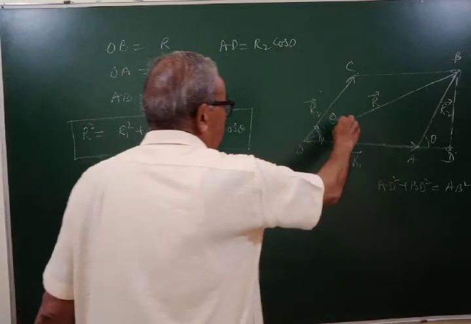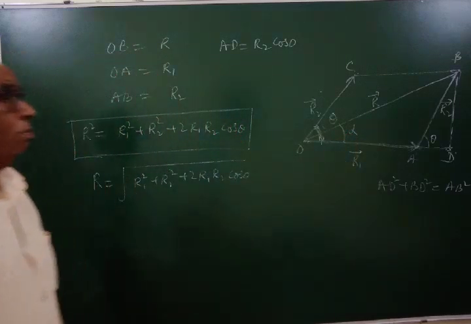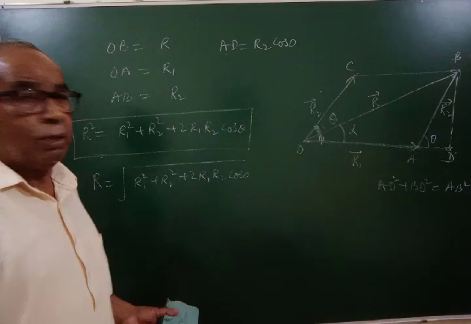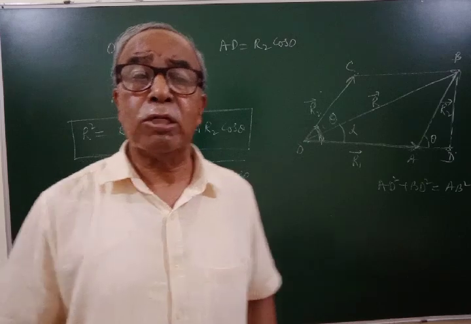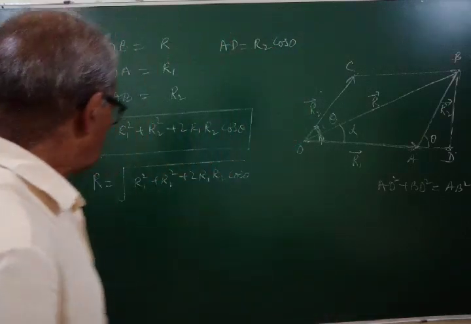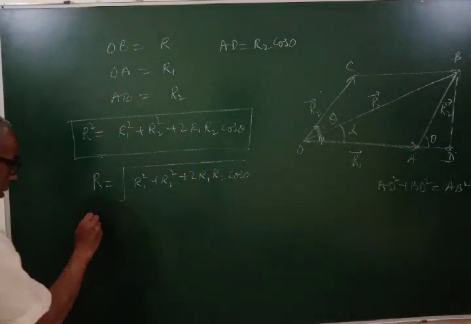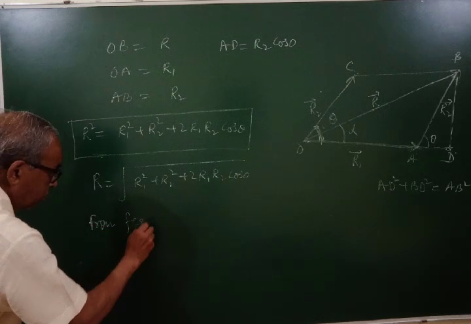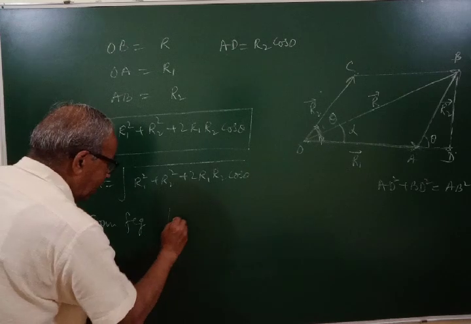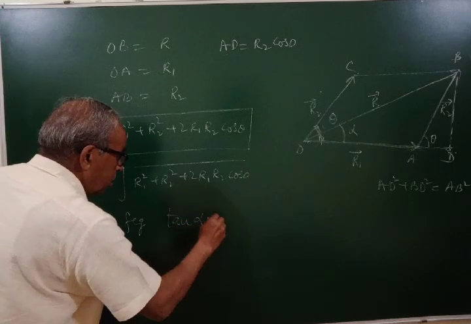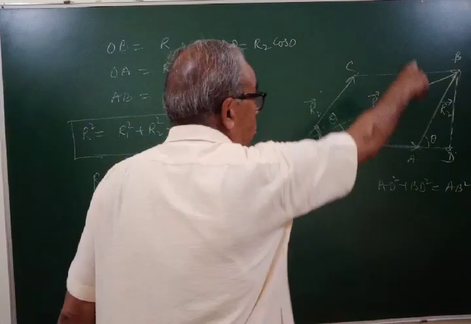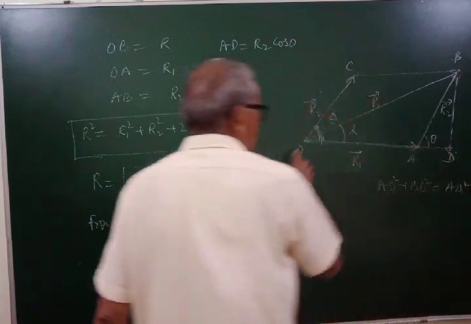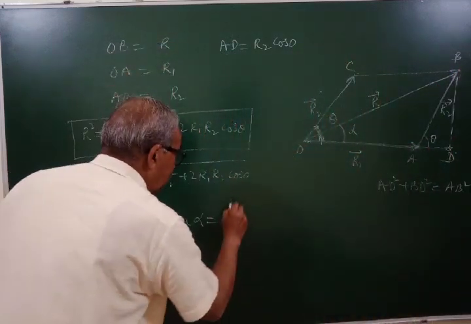Now how do we find the angle made by vector R with R1? That means we need to find the direction of the resultant. So from the figure, tan alpha is equal to BD upon OD.